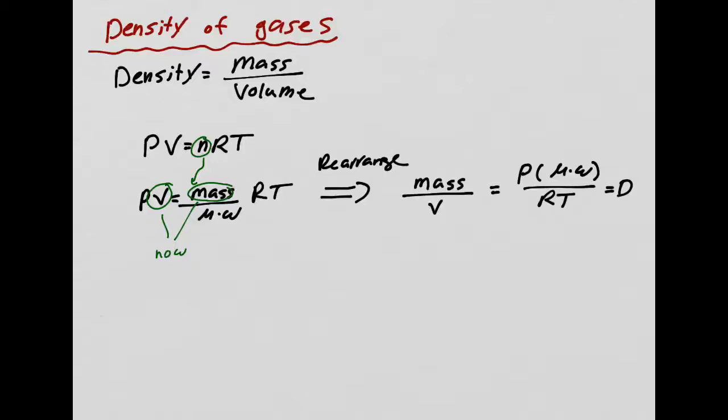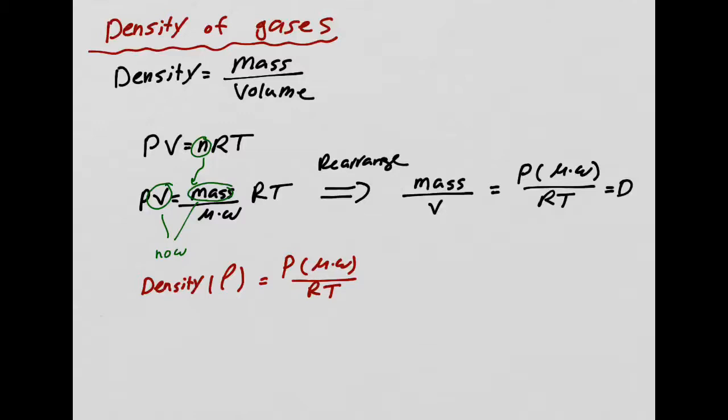So, density of gases. And the symbol for density is rho, like that, okay? Density would be P times molecular weight over RT. Yeah? Okay.